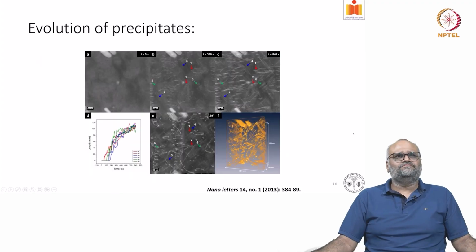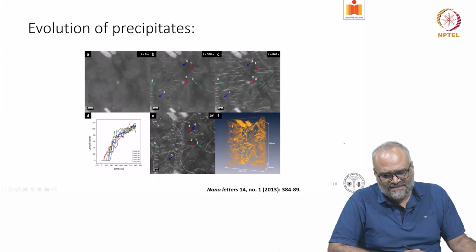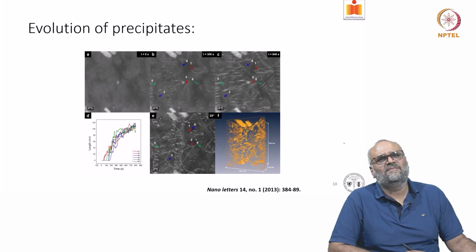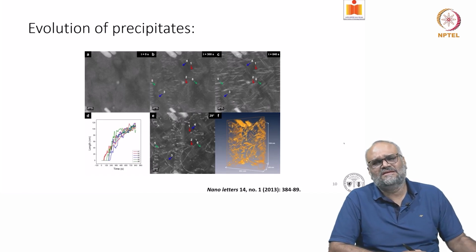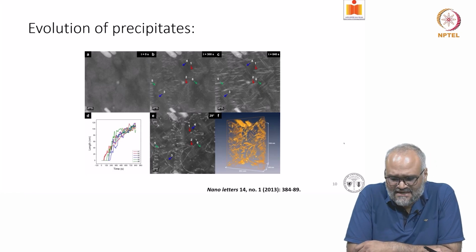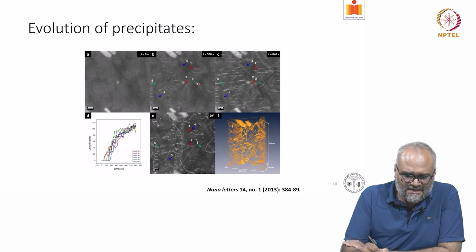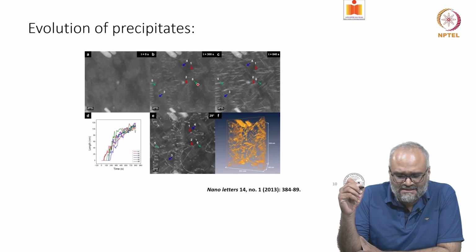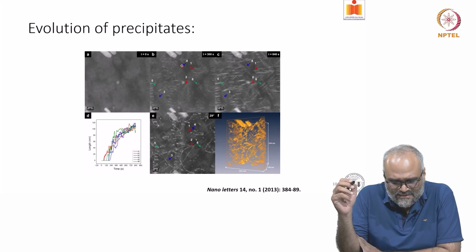And if you look at how the evolution of the precipitates is, I was mentioning that there are three families of precipitates. Here are snapshots from that movie which was heated at 225 degrees centigrade, and if you look at the frames after 300 seconds and after 840 seconds, the arrows marked in green belong to one family, the red are one family, and the blue ones are one family.